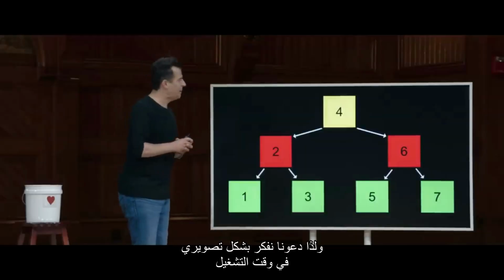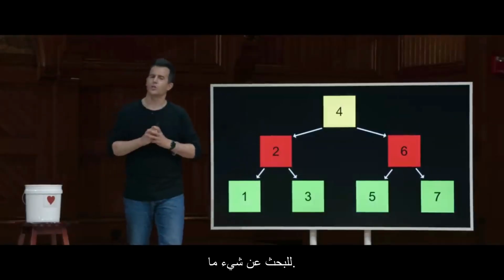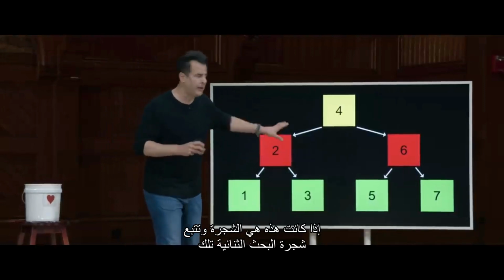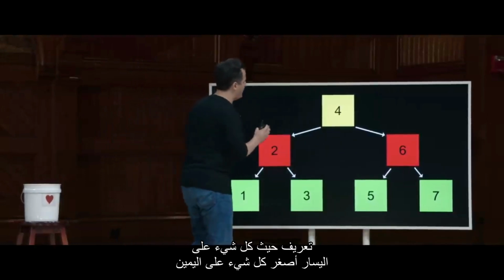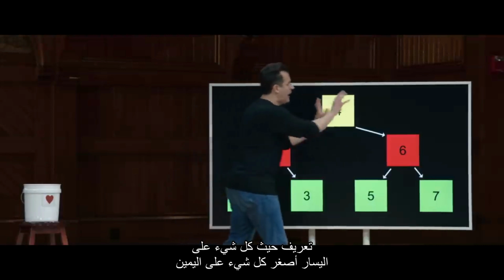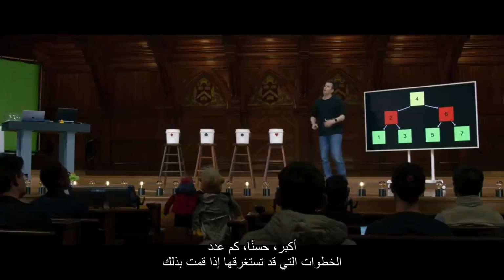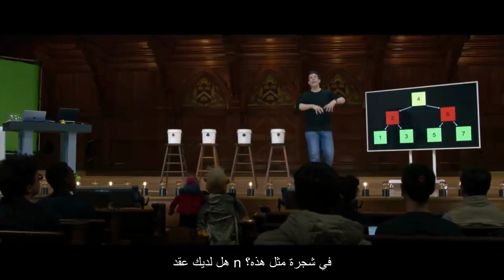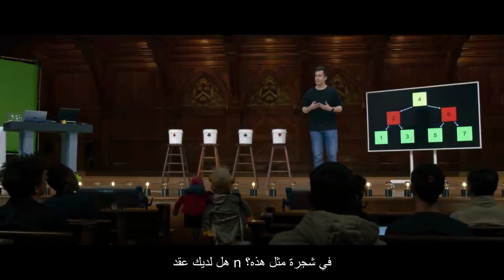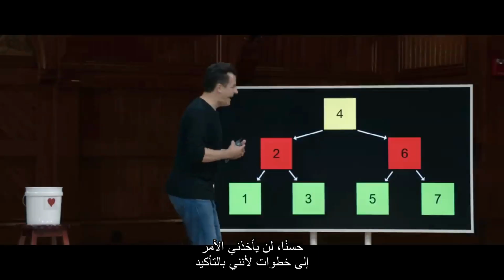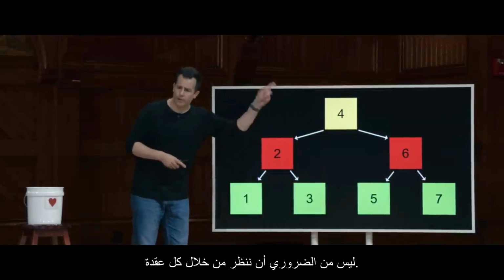And so let's consider pictorially what the running time is of searching for something. If this here is the tree, and it follows that binary search tree definition where everything to the left is smaller, everything to the right is bigger, how many steps might it take if you have n nodes in a tree like this? Well, it's not going to take n steps, because I certainly don't have to look through every node.